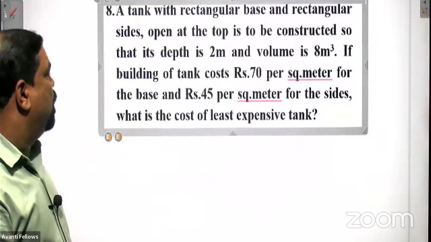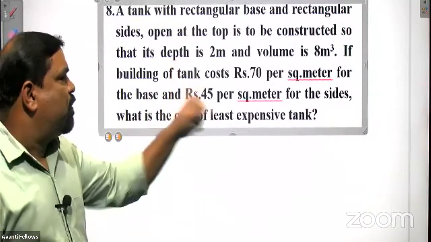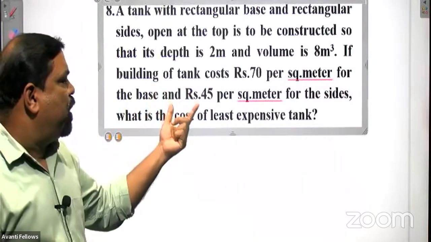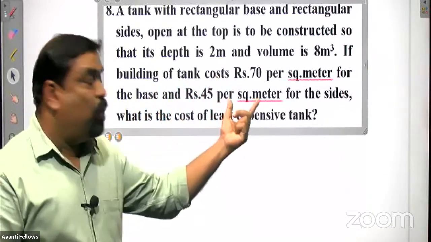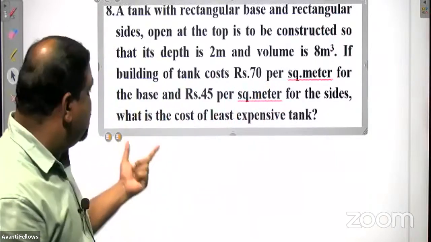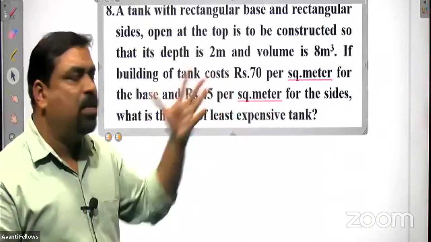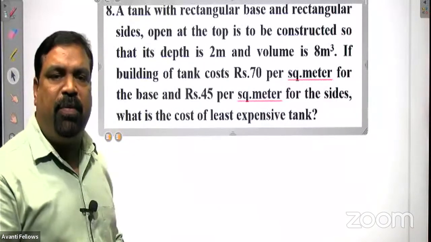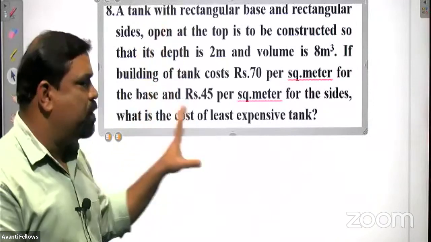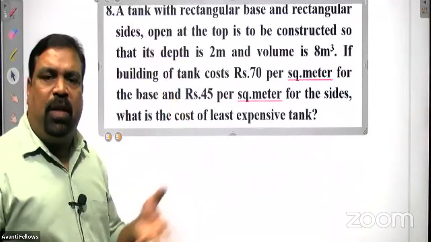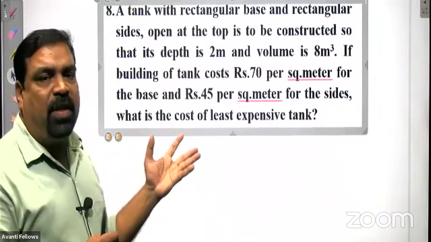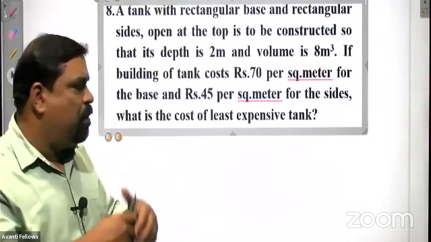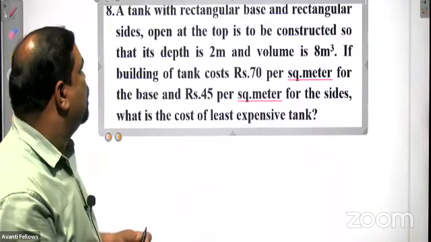If the building of the tank cost 70 rupees per square meter for the base and 45 rupees per square meter for the sides, what is the cost of the least expensive tank? This kind of problems we have to solve using the first derivative test or second derivative test. We have to find the maximum value or minimum value.